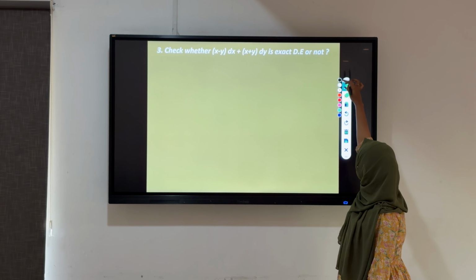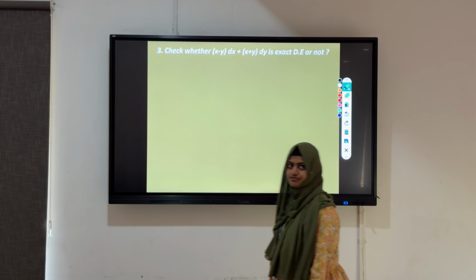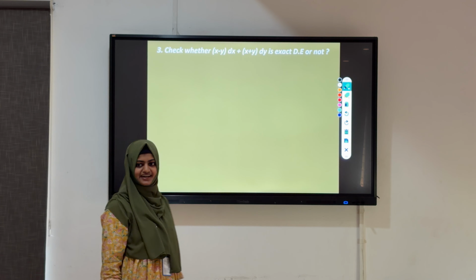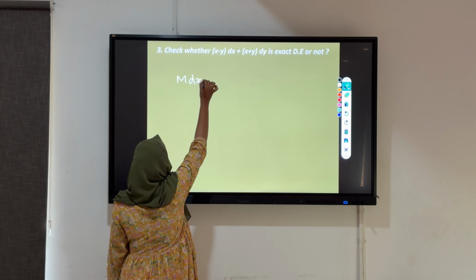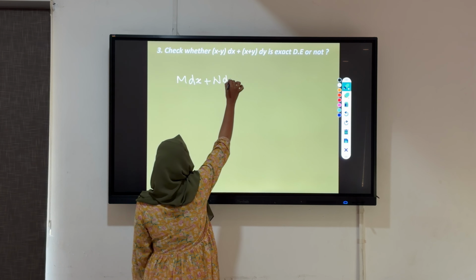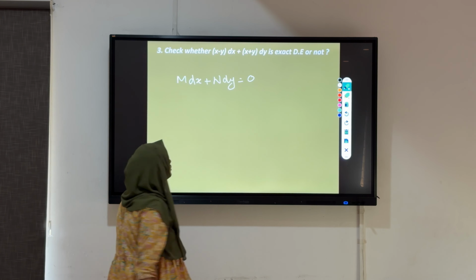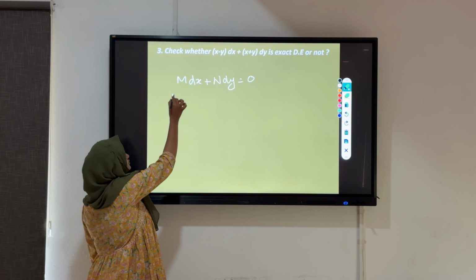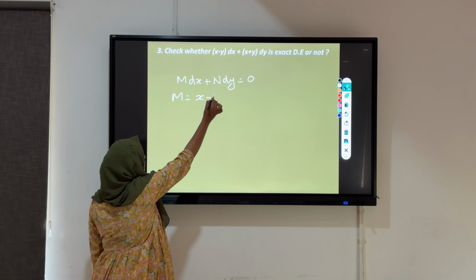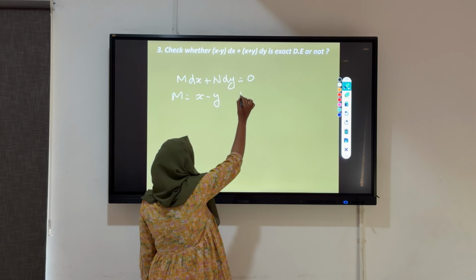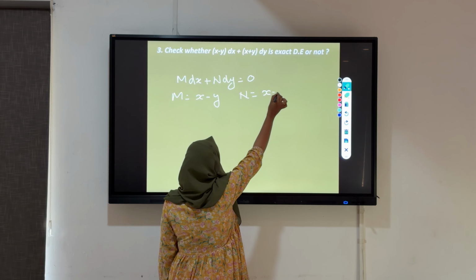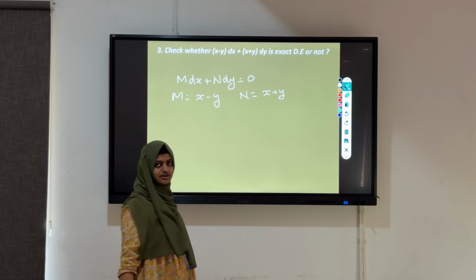Here, the given differential equation is in the form M dx plus N dy equal to 0. Here, M equals x minus y, that is the coefficient of dx, and N equals x plus y, the coefficient of dy.